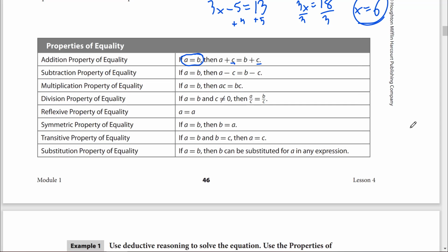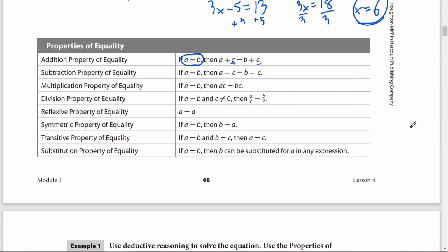Okay? So if I have a certain number of cookies, let's say, and 2 of you students each have cookies, so you each have the same number of cookies. If I then give you each 5 more, you two will still have the same number of cookies.